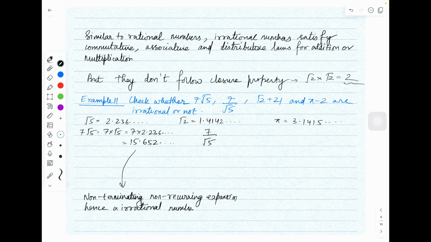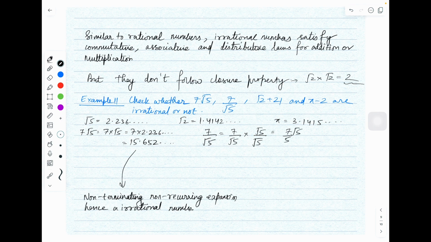Similarly with 7 by root 5, we will make you understand the concept of rationalization. See, if I write root 5 and the value of root 5 at the bottom, it will be a decimal and it will become very difficult to do the calculation. So we can do rationalization. We can write 7 by root 5 into 1, and 1 can be written as root 5 by root 5. So we put root 5 at the bottom and root 5 at the top. This becomes 7 root 5 by 5.